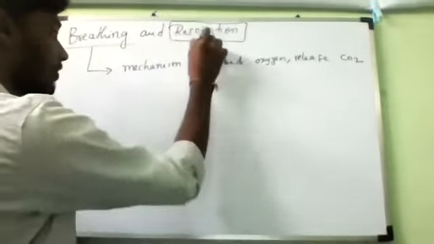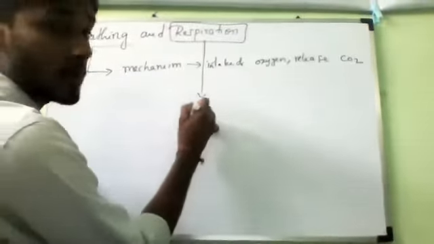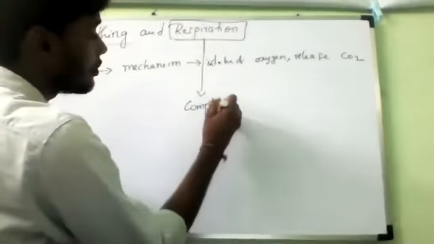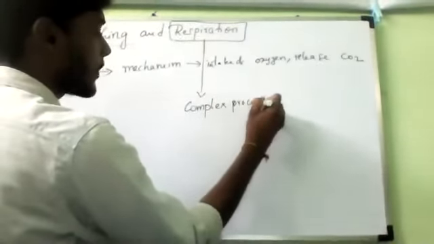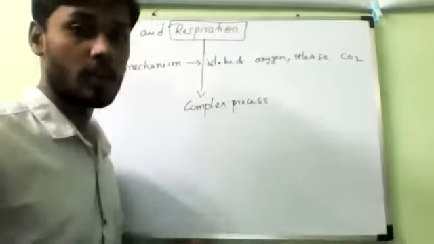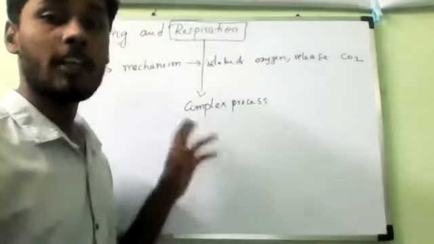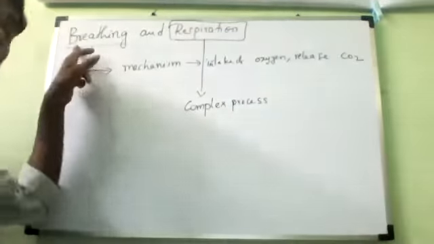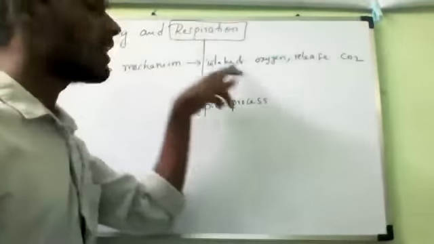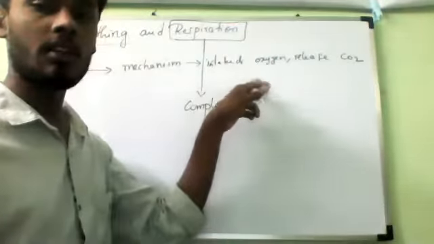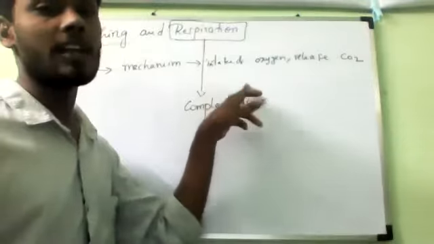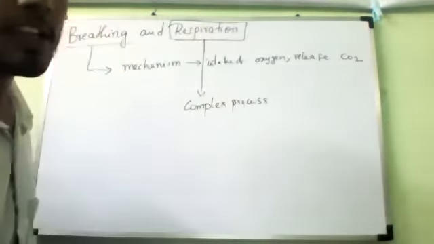It is a very, very complex process because so many reactions are involved. It is even a chemical process, because respiration includes breathing, which means intake of oxygen. One of the steps in respiration is breathing, but the main thing is oxidation of food.